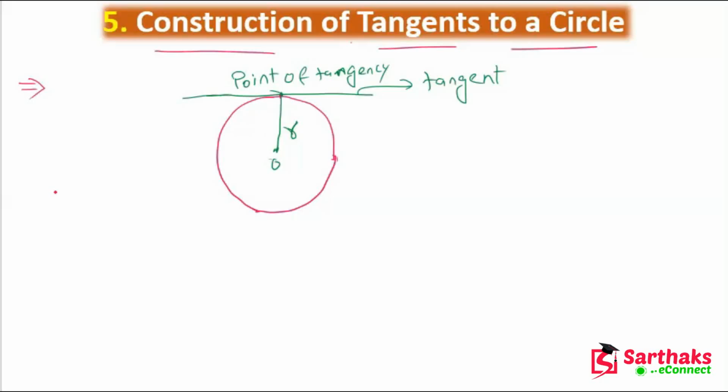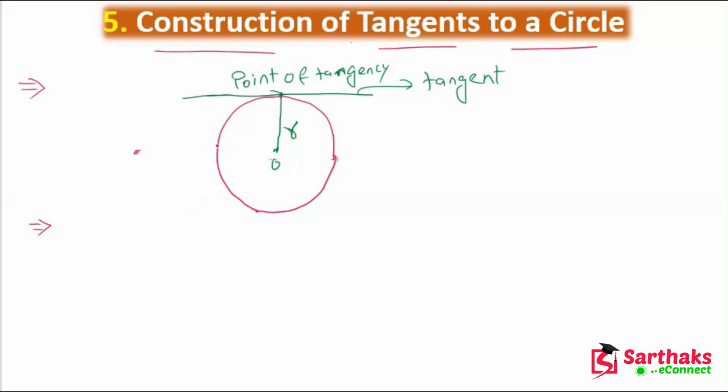Now we have to see how many tangents can be drawn on the circle. There are three cases. If the point is outside the circle, two tangents can be drawn.